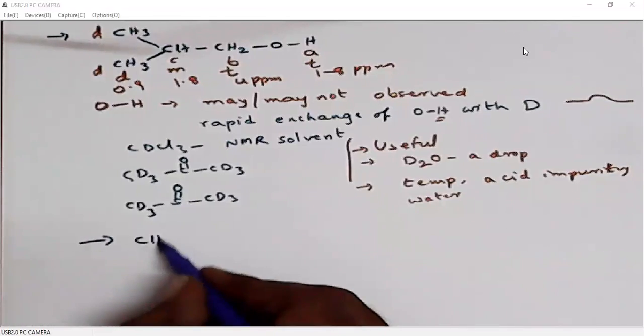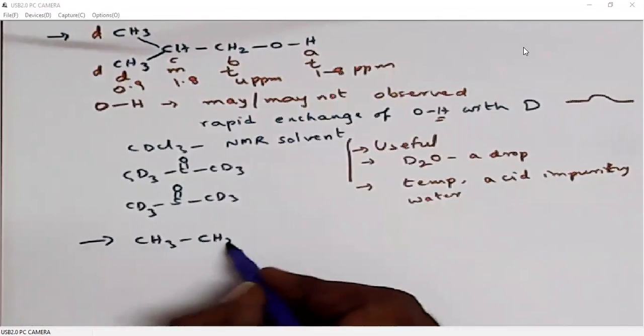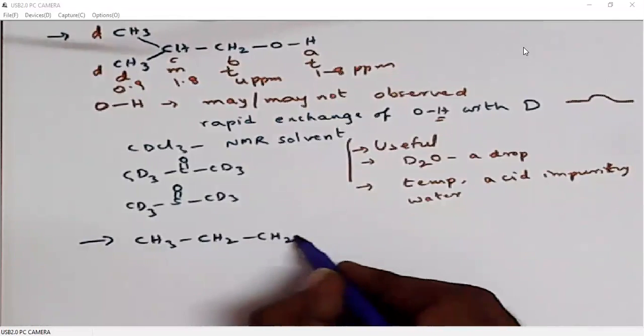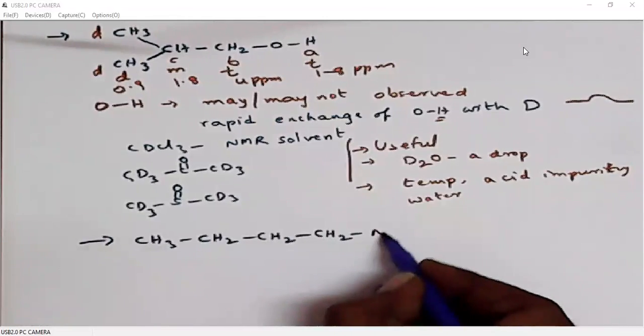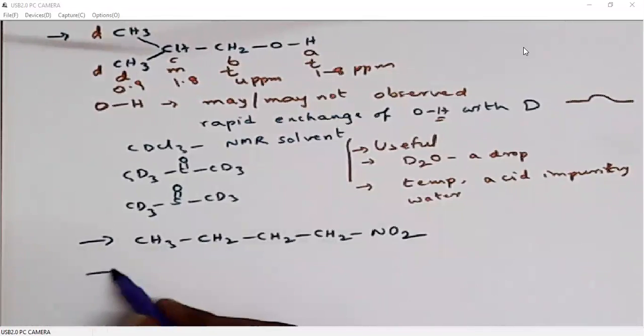Take these practice problems and try to predict the approximate proton NMR spectra for these compounds.